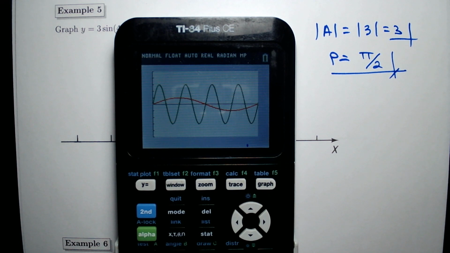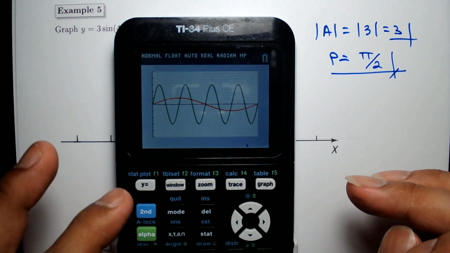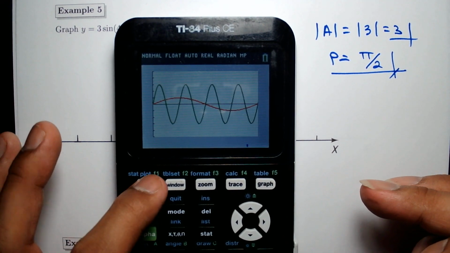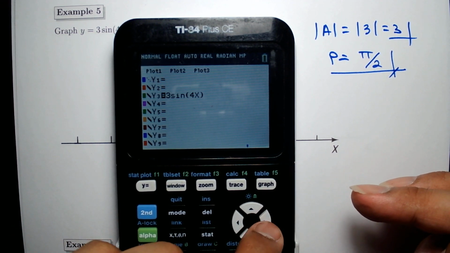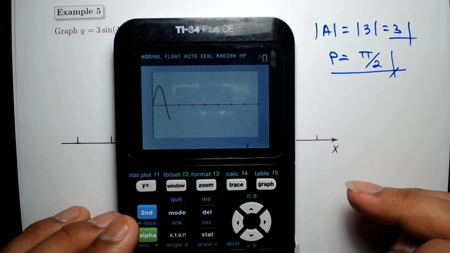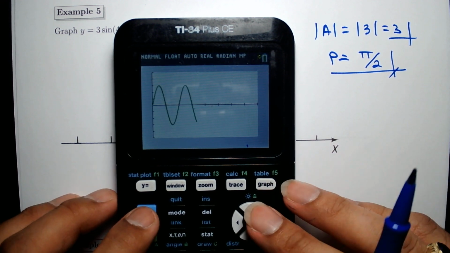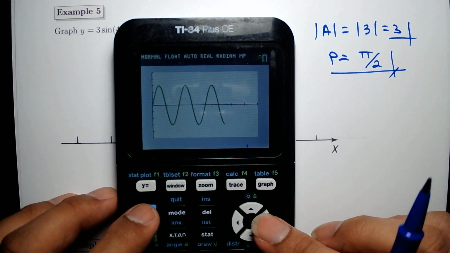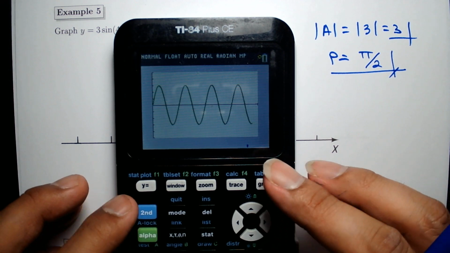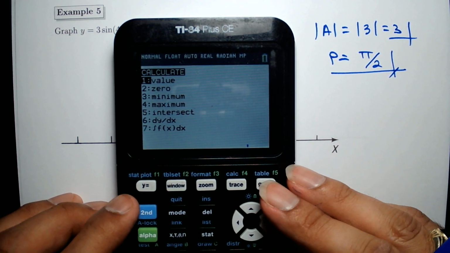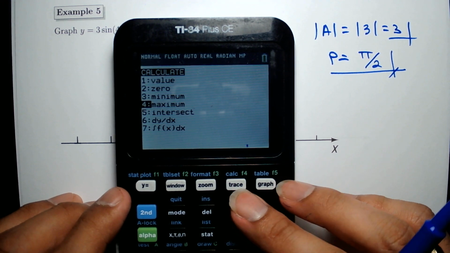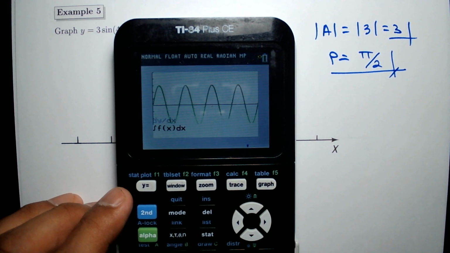If we go back to the original graph, let's find one of the x-intercepts. So let me erase this and clear this one. I just want this graph. Let's find what the intercept is, just so you can see that. Second calc. I'm going to find the zero, not the intersection.